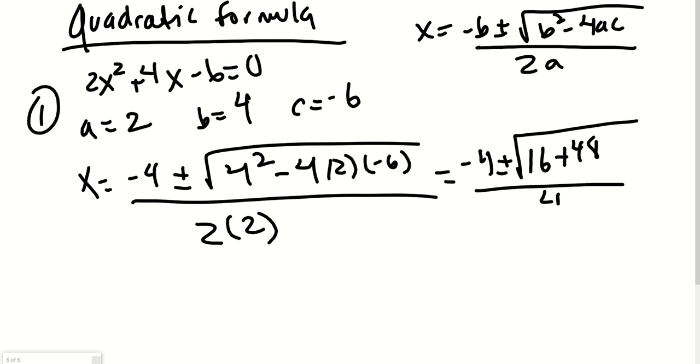Everything divided by 4. So now we have x equals negative 4 plus or minus square root of, well, what's 48 plus 16?